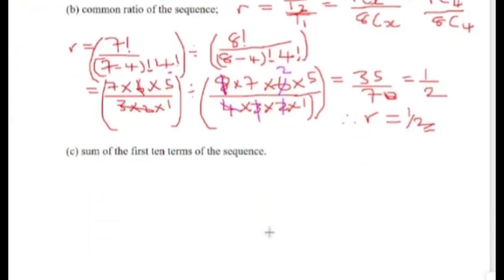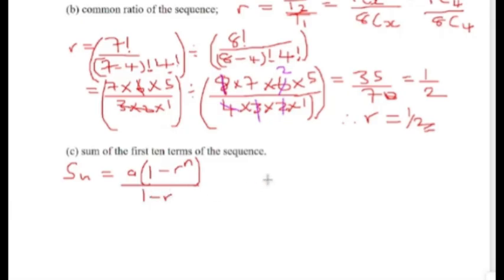Good. Now, the sum of the first 10 terms of the sequence. Because the common ratio is less than 1, we're going to use the formula Sn is equals to a, open bracket, 1 minus r raised to power n, divided by 1 minus r.